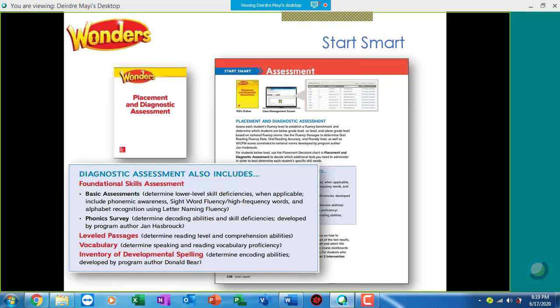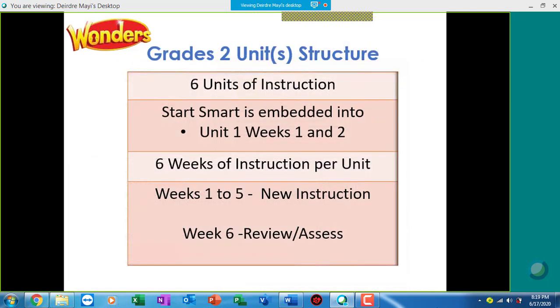So now that we have discussed Start Smart, I'd like to talk a bit about the unit structure that you will find within Wonders. You'll recall that I mentioned that you would receive 6 Teacher's Editions. I mentioned that the reason for this is that there are 6 units at 2nd grade.